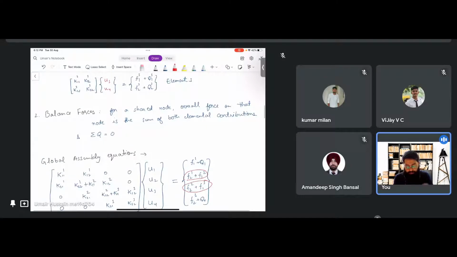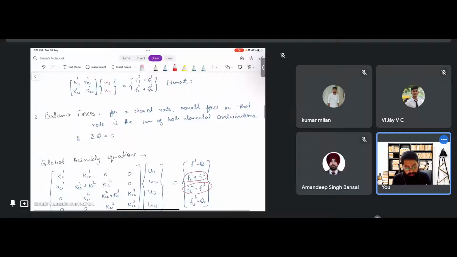And regarding the point forces, when we discretize the domain, suppose we discretize it like this, we have node 2 shared. So we imaginarily break each element. So these are elemental coordinates.